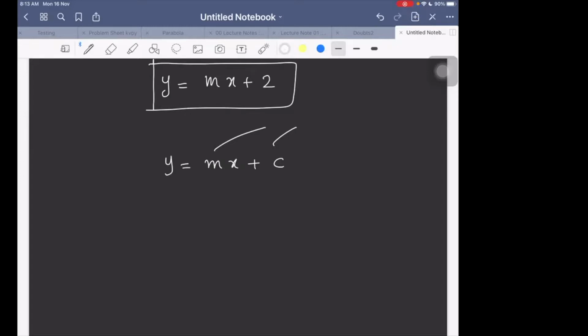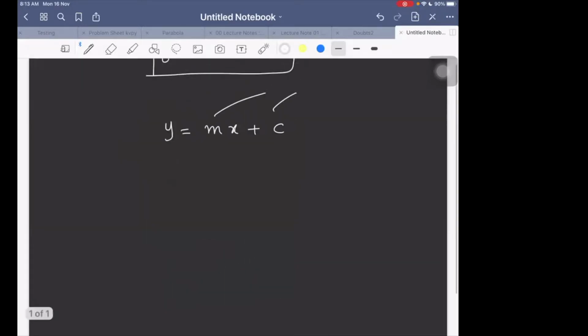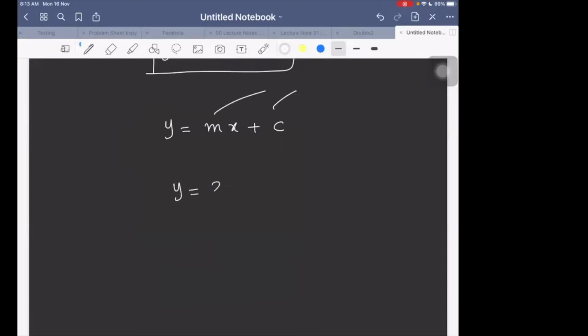So it is going to generate different families of straight lines. That's all. For a particular value of m and c, suppose you choose m and c as 2 and 3, you have the straight line y is equal to 2x plus 3.